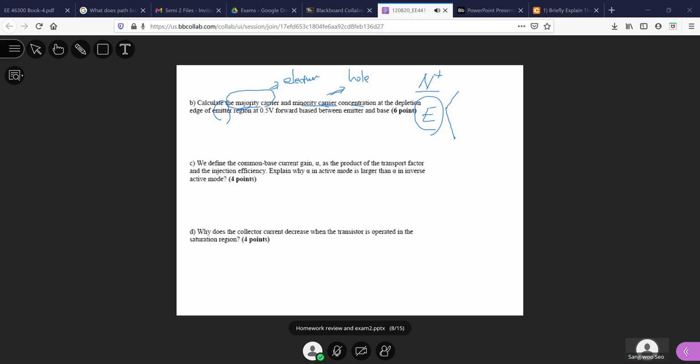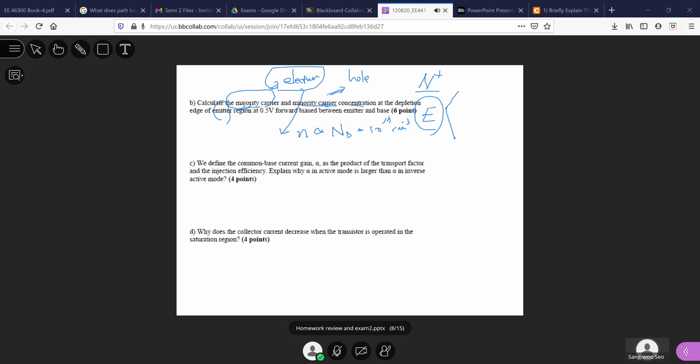You need to identify which one is the majority carrier and which is the minority carrier based on the doping of the emitter side. Now, for the majority carrier, when you apply the bias, the number of electrons is going to be similar to the original doping concentration, which is 10 to the 17, right? So that number is the majority carrier concentration.